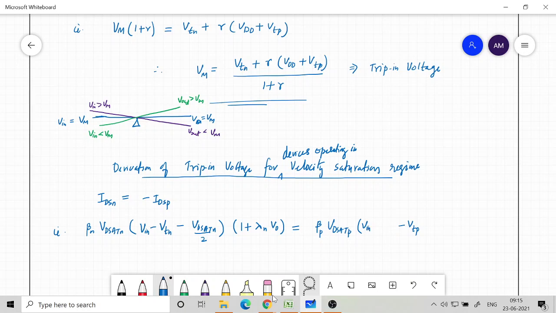So VIN gate voltage minus drain voltage, minus VTP, then minus VD sat P by 2, into 1 plus lambda P, and what is this VDS? VDS is basically not V0, it is V0 minus VDD.